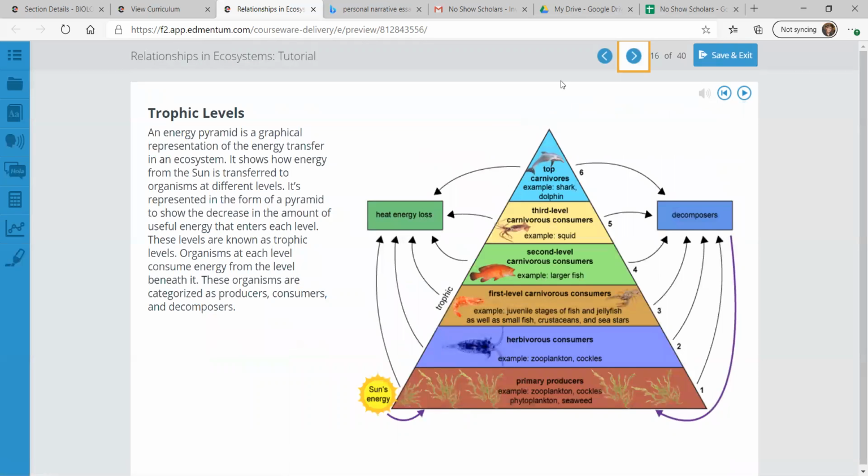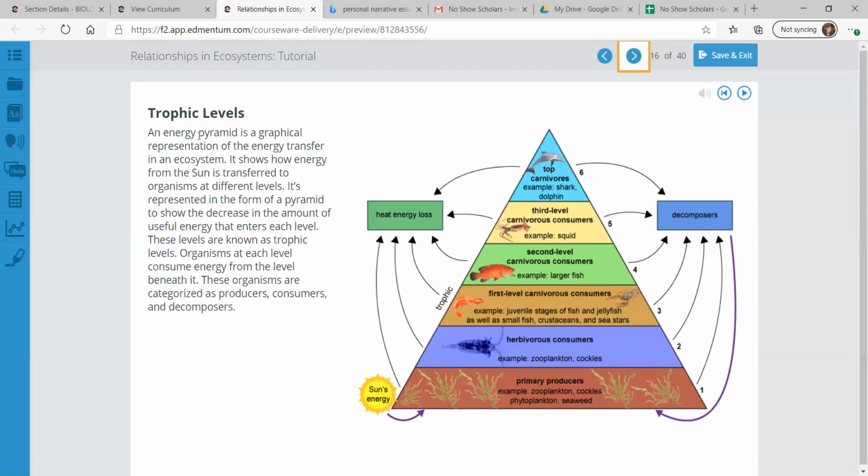So to get more specific, this is a trophic pyramid, and trophic levels are basically energy levels. From each level, energy is being consumed or lost, right? An energy pyramid is a graphical representation of how energy is transferred in an ecosystem.